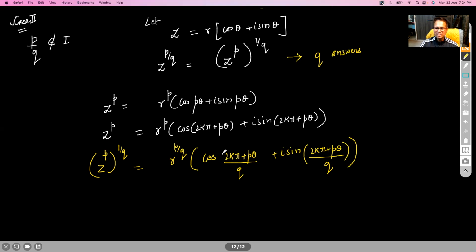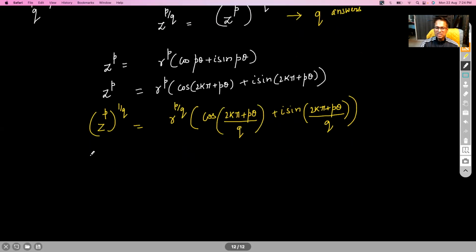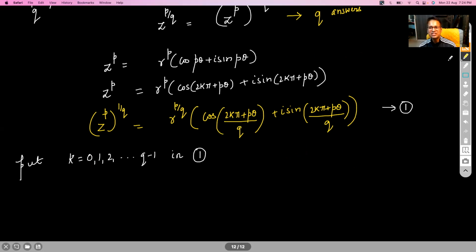Once you have got this, de Moivre's theorem says that to get your Q roots, you start putting your k value as 0, 1, 2 till Q minus 1. Let me call this expression 1. When you put k as 0, 1, 2 till Q minus 1 in this expression, it gives you your Q different answers, the Q answers that we had speculated earlier.